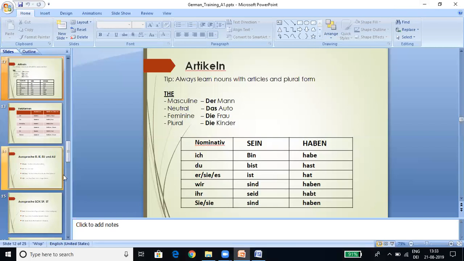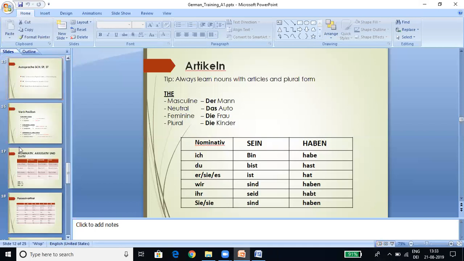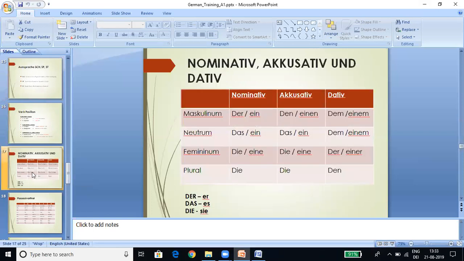I'll share the material with you on a daily basis. Every day you'll get the material from me along with worksheets for homework. This PPT I'll also be sharing with you at the end of the session. If you see, there are different slides covering all the grammar.